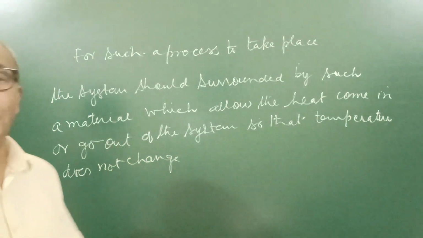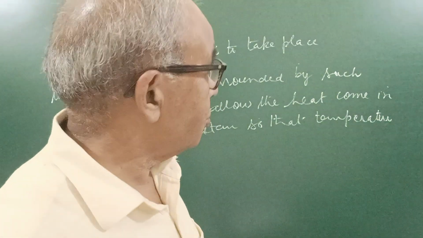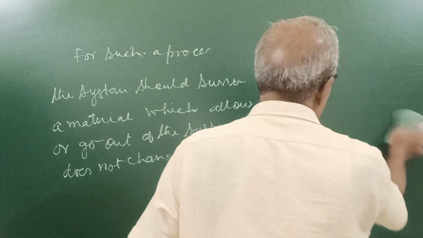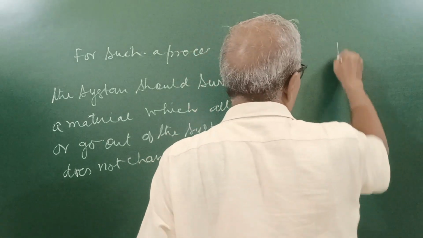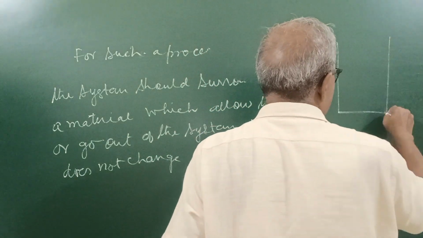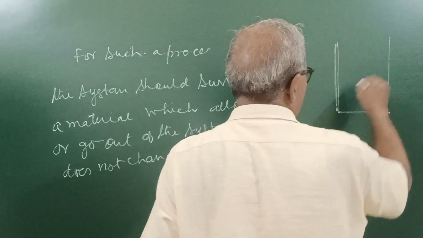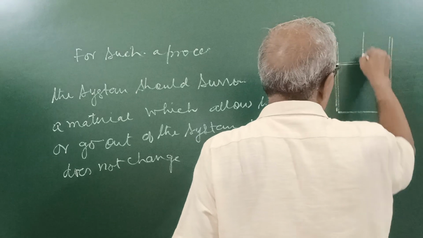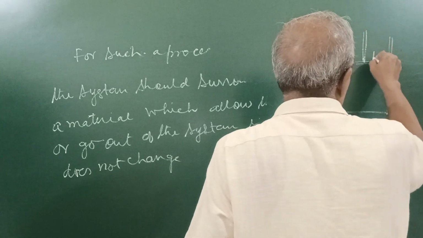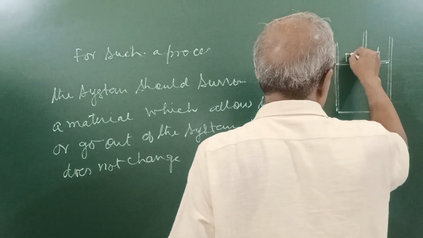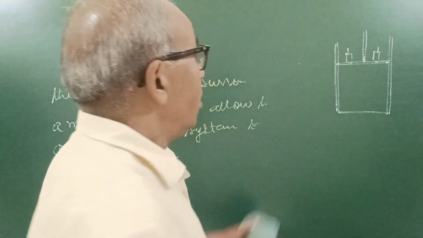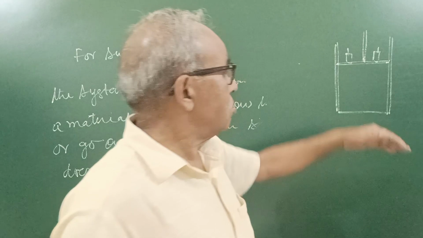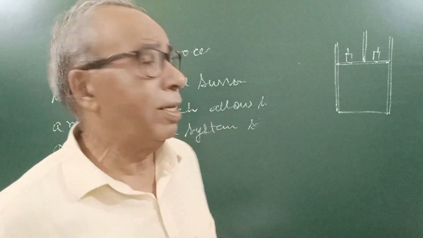I told you thermal system, generally we use a gas, ideal gas in a cylinder enclosed by piston. Here, suppose it is gas, and if it is enclosed here and some pressure is there, if we decrease pressure, gas will expand.